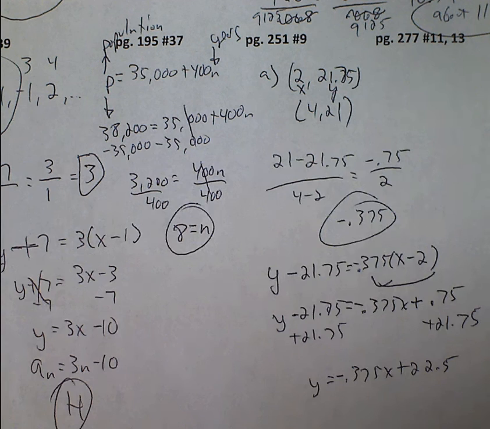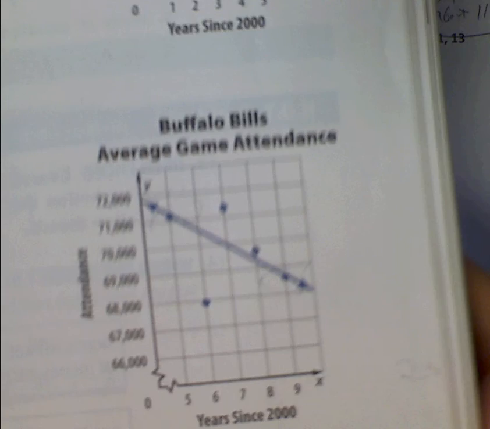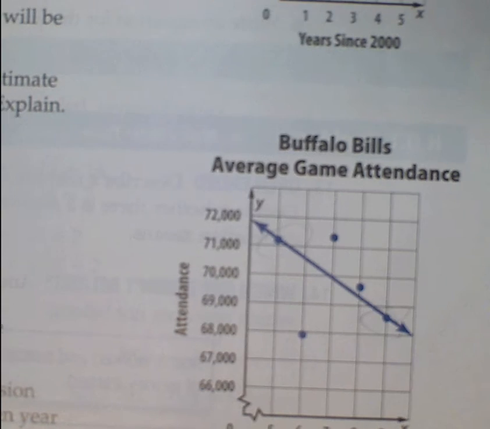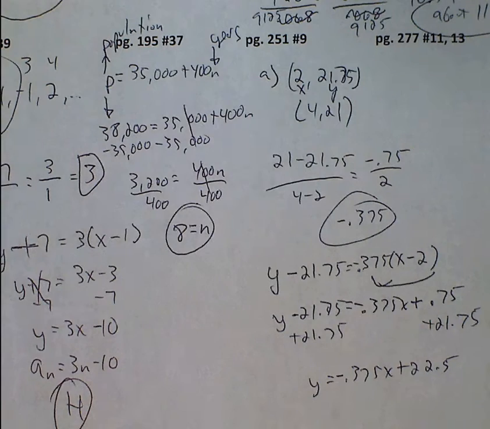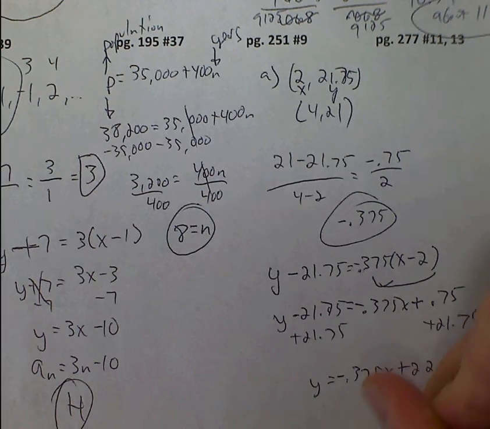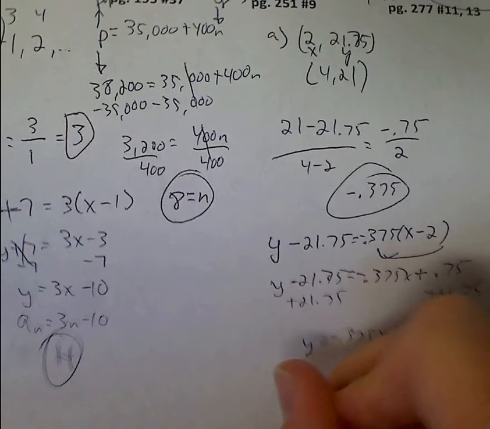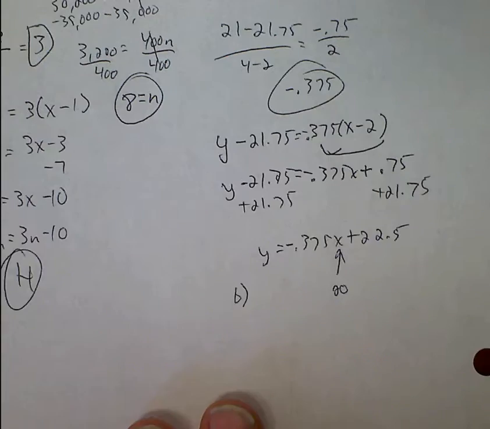It says predict the average attendance at a game in 2020. Now, the bottom says years since 2000, so I'm not going to plug in 2020 because it's years since 2000. 2020 would be 20 years after. So for my letter B, I'm going to plug in 20.